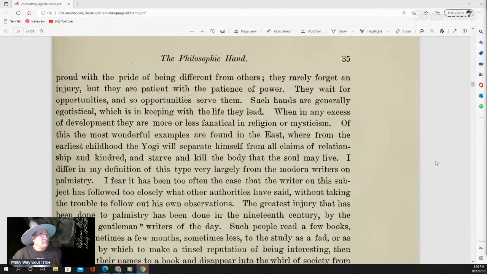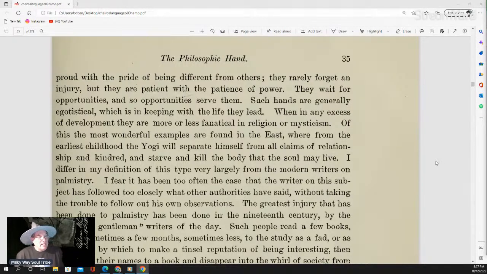Proud with the pride of being different from others, they rarely forget an injury, but they are patient with the patience of power. They wait for opportunities, and so opportunities serve them. Such hands are generally esoteric and egotistical, which is in keeping with the life they lead.